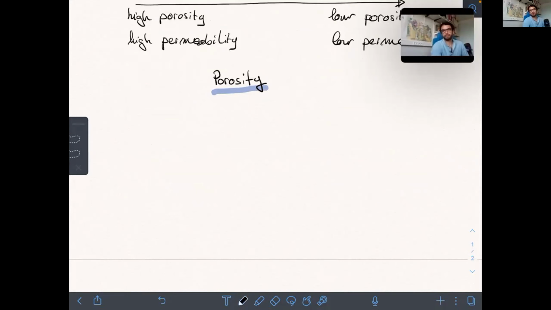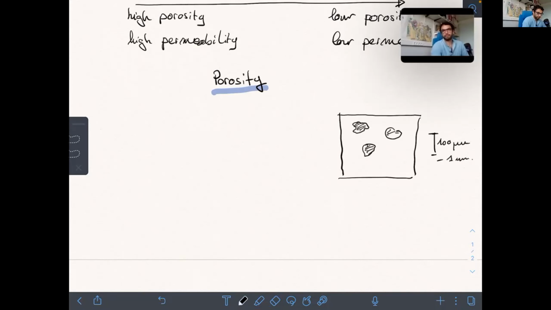So if we take, let's say, a volume of porous media, volume of rock, at the scale of, let's say, 100 micrometer to 1 millimeter, we have grains of different shapes that depend on the origin of the rock, right? So it could be sediments, or it could be some crystals that have crystallized of a magma, or it could be some precipitate.